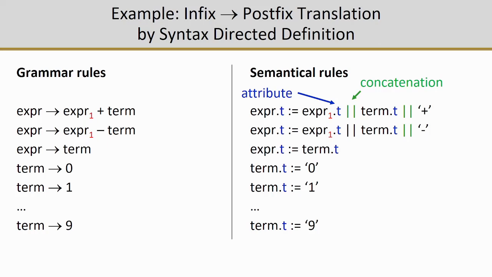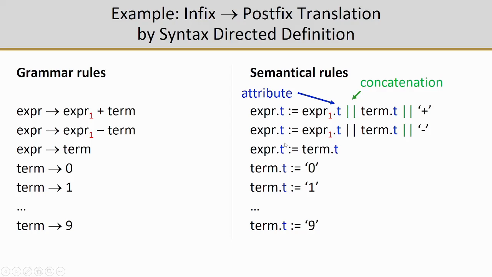So for example, for the infix-postfix conversion, if we are not going to print out the postfix form, but instead store it in a string, then we can have these three attributes, and these attributes always contain a string, and we can extend the string by a concatenation operation.